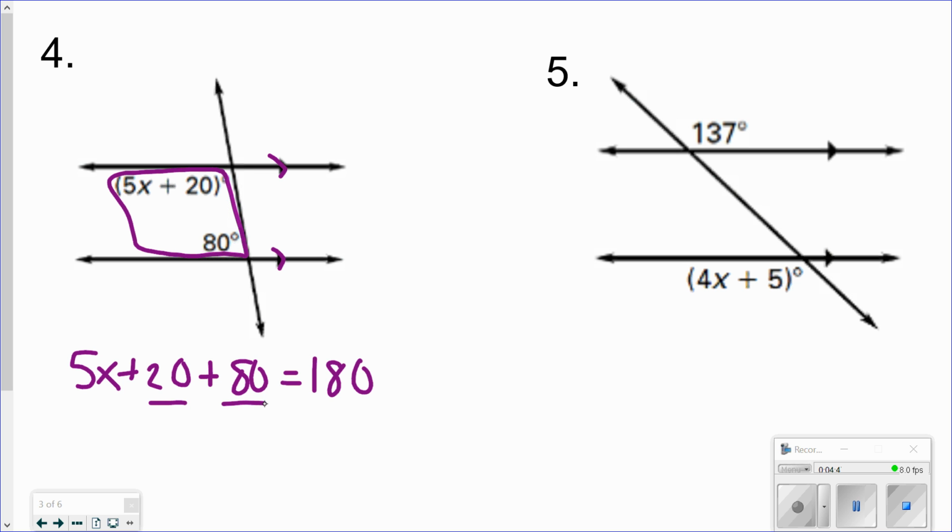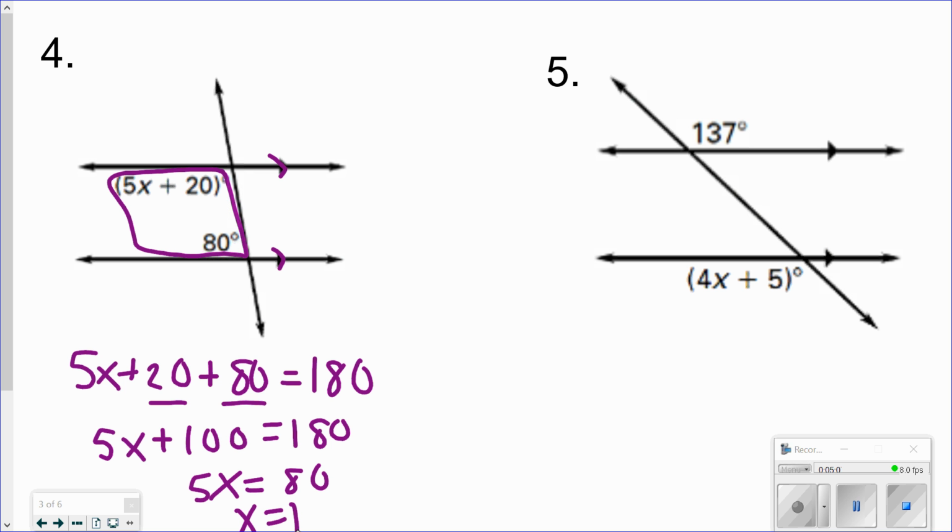Let's combine my like terms. So I get 5x plus 100 is equal to 180. Subtract 100 from each side. So 5x is equal to 80. Divide by 5, and I end up getting that x is equal to 16.